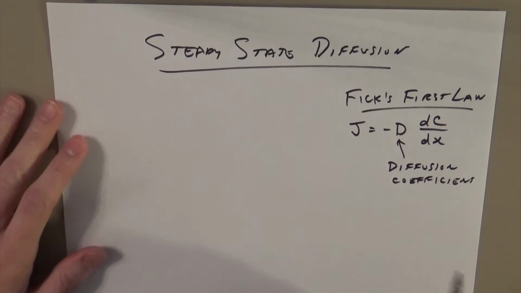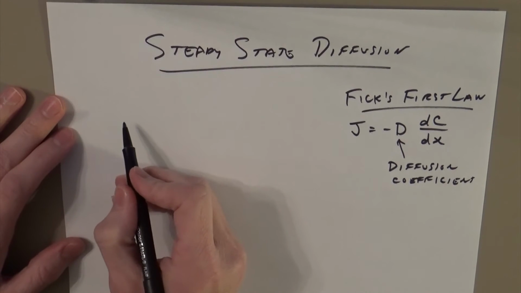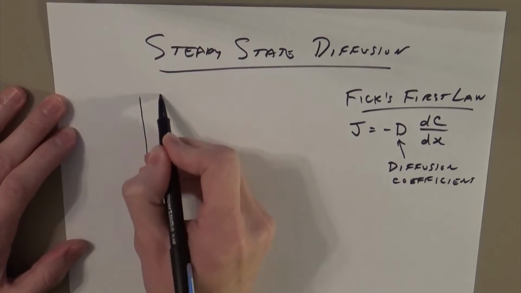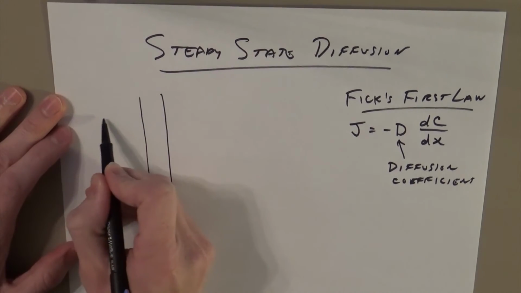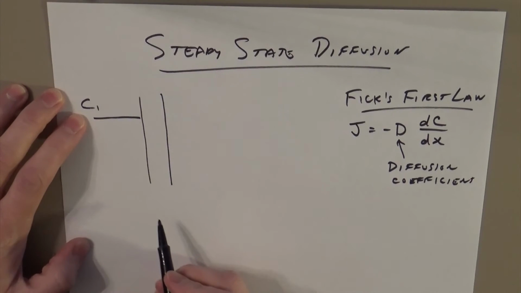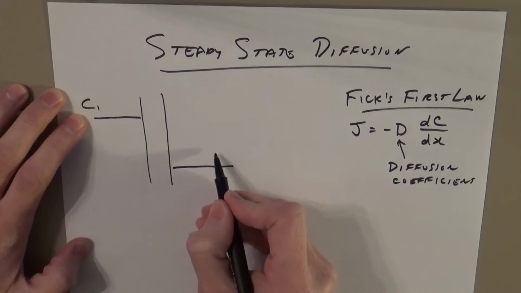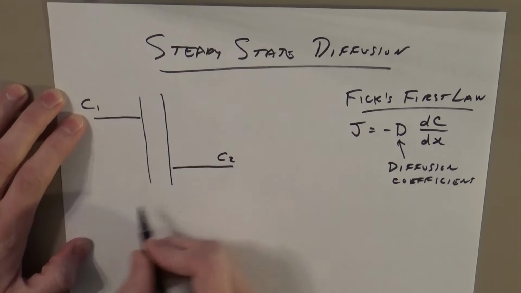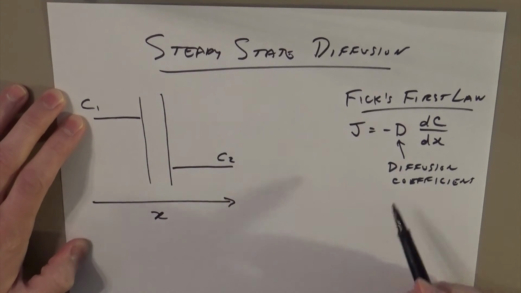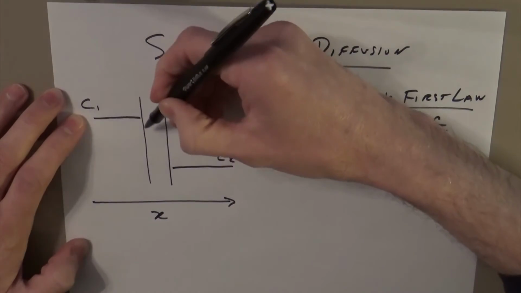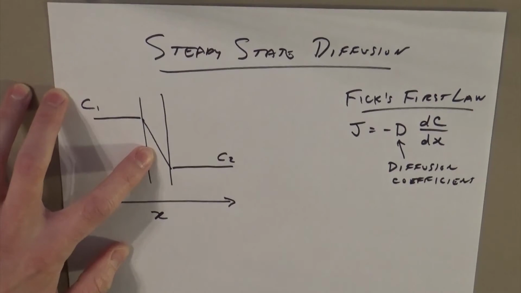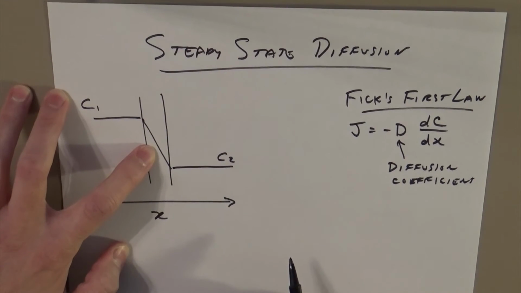So this would be some situation, for example, you have, say, a membrane or something that's separating a region with, say, high concentration and a region with low concentration. That's position. And Fick's first law tells us that the slope here is going to be constant.